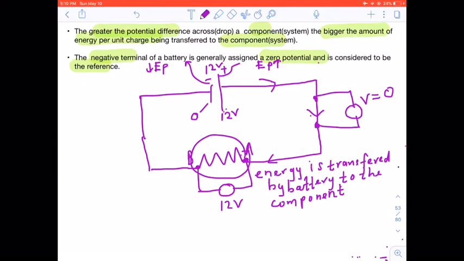So the difference between the negative and positive terminal, the voltage, is 12 volts.